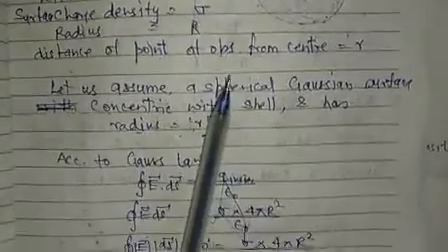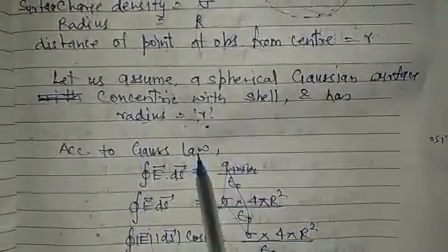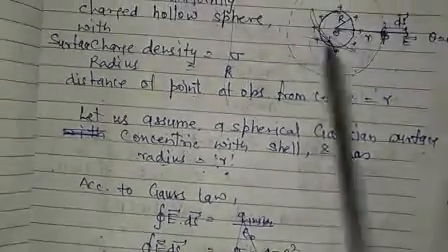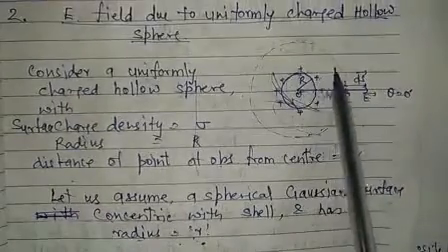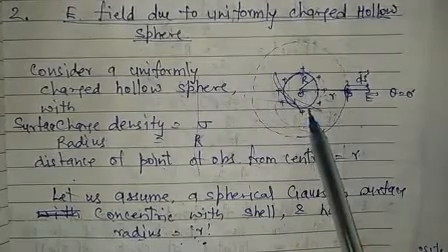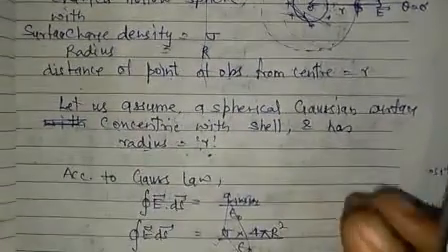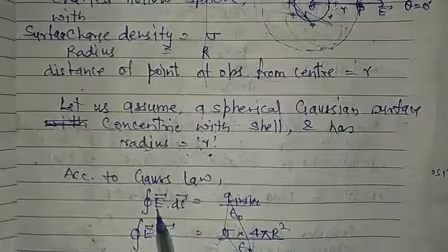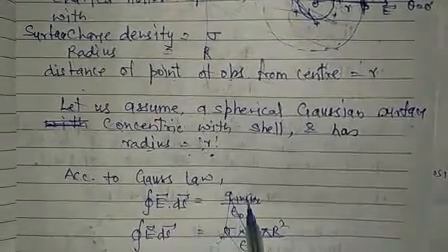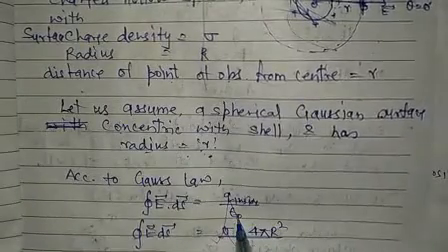Now according to the Gauss law, we can implement the surface integral of electric field over the closed Gaussian surface. We have closed surface integral E dS equal to Q inside over epsilon naught.